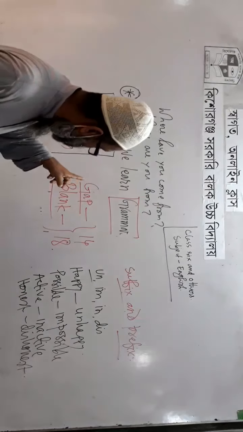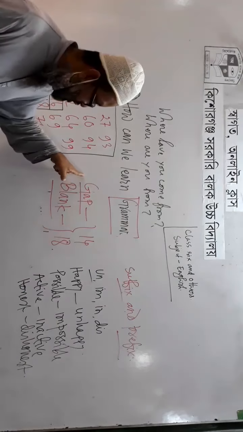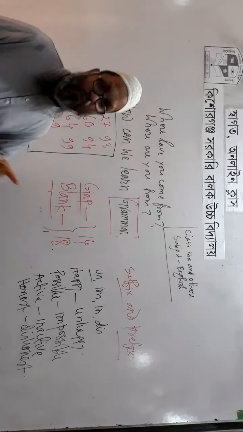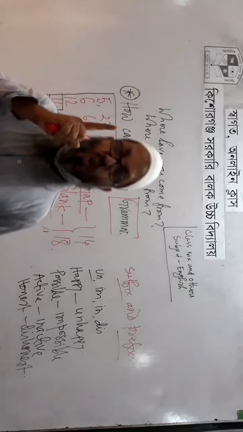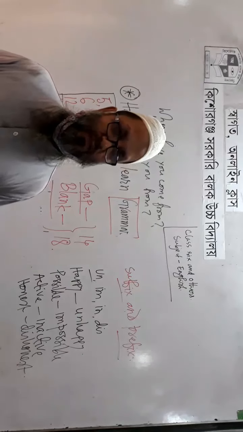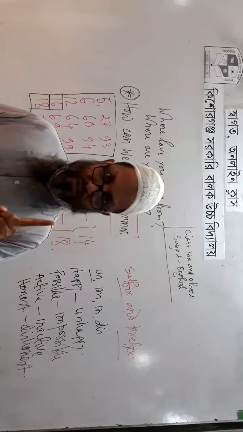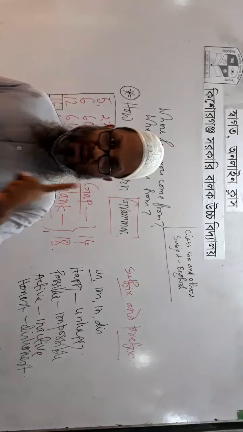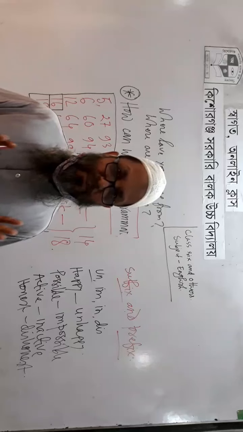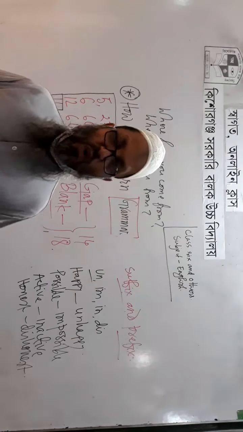But when you are told to fill up the gap, then you have to fill it with one grammatical point, just one. It may be an article, particularly for class 6 or 7, question number 1 for the second paper: fill up the gaps with articles. That means you have to use articles for all of the gaps.